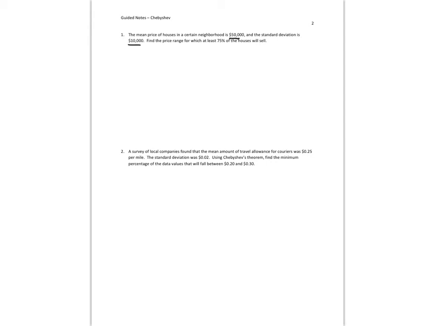So let's go back and look. So mu plus or minus 2 standard deviations. My mean is 50,000 plus or minus 2 times standard deviation of 10,000. That's 50,000 plus or minus 20,000.